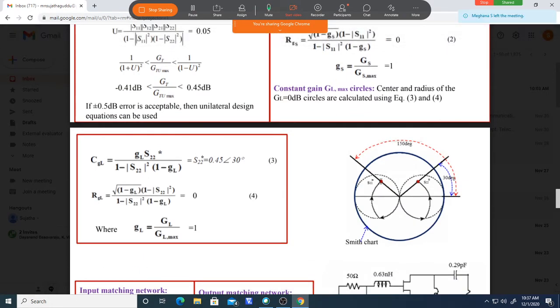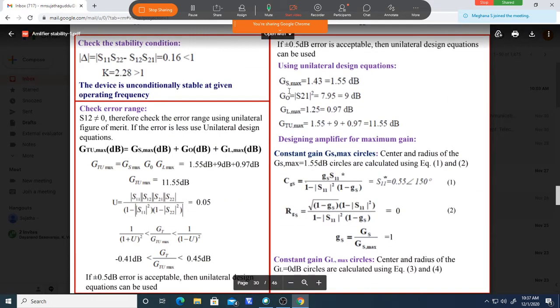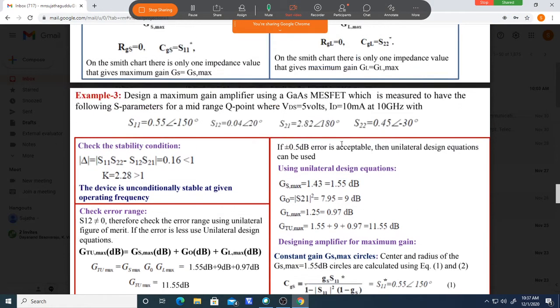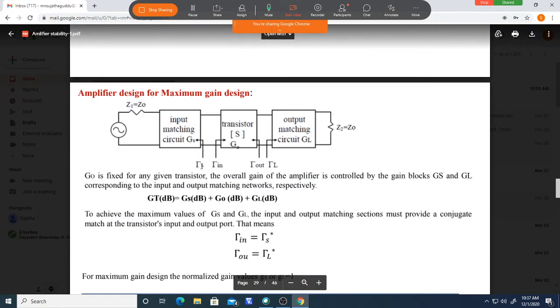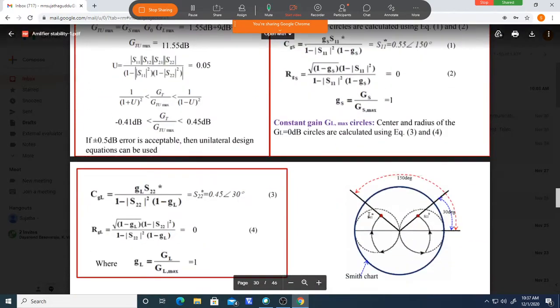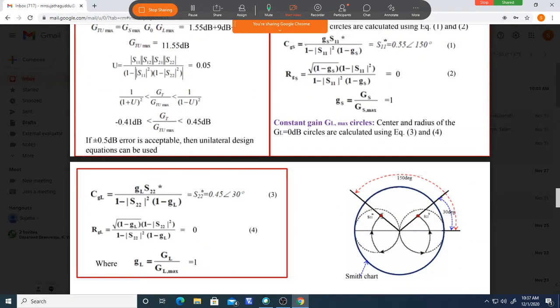So only this value you should choose to get the maximum gain, GS maximum. What is the input impedance ZS you should choose here? Only this value we should choose, because there is no circle at all, just a point.